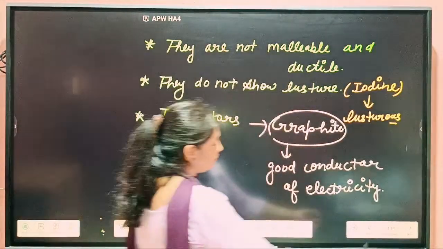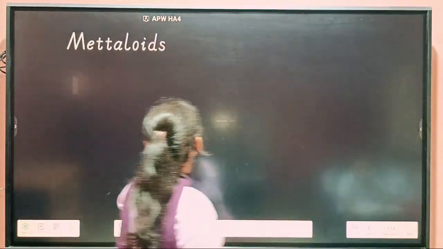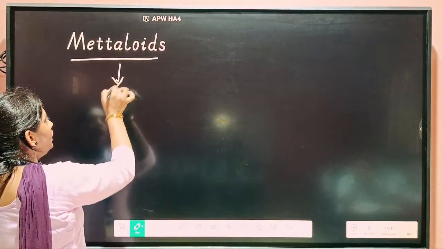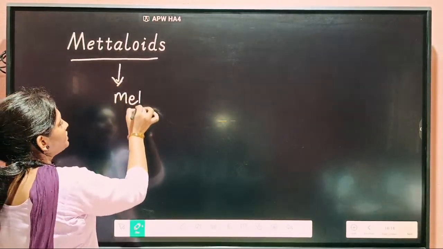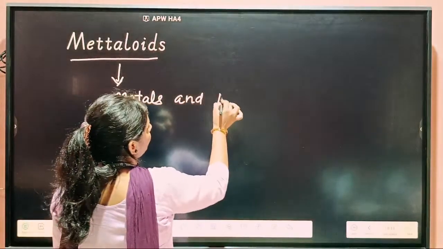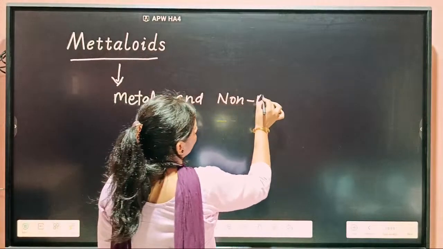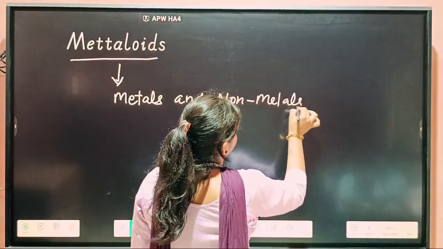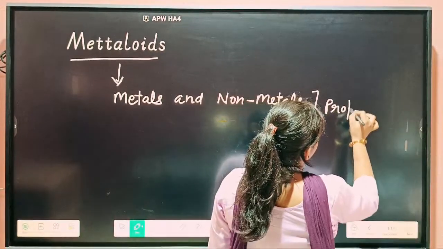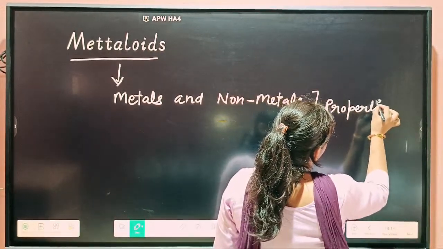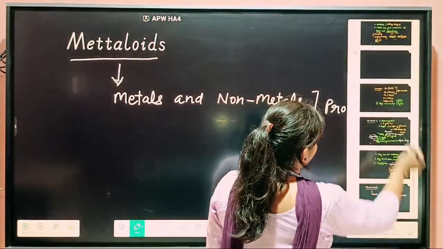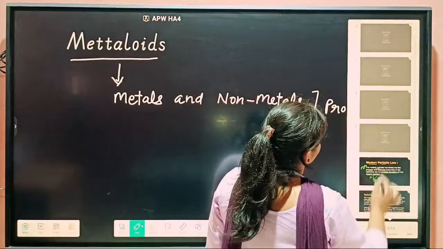Now the next one is the metalloids. Metalloids are those which have properties in between metals and non-metals. Only a limited number of metalloids are there in our periodic table.